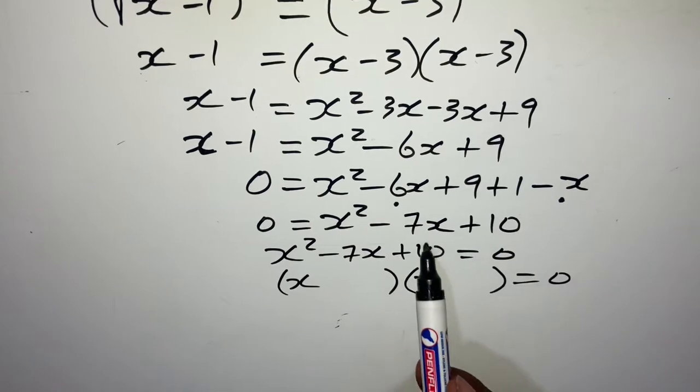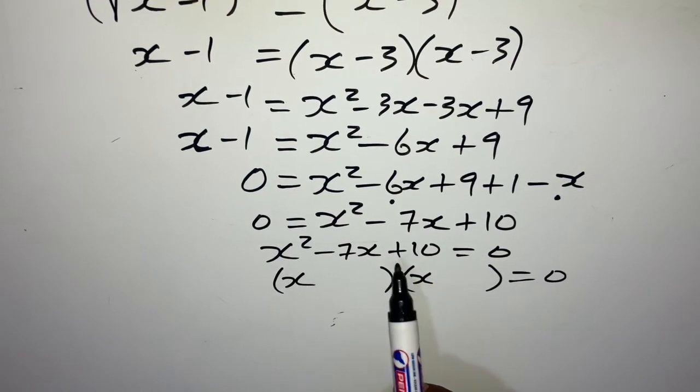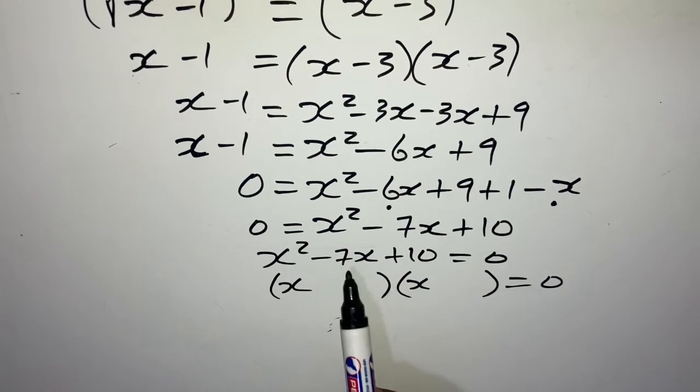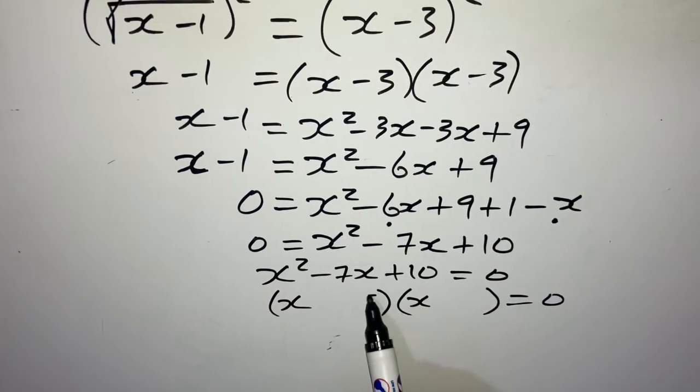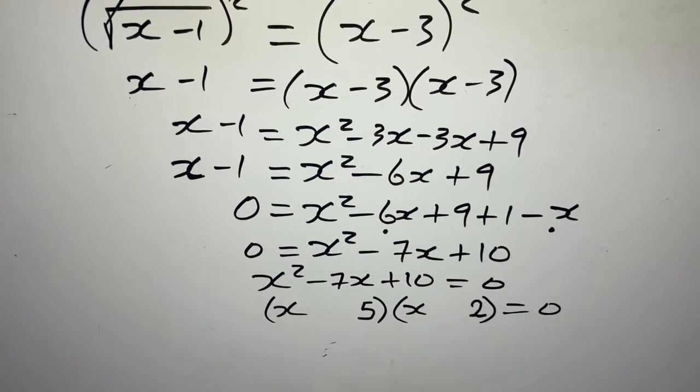Two numbers, when I multiply, they must give me a 10. When I add them, they must give me a negative 7. So I go for a 5 and a 2.